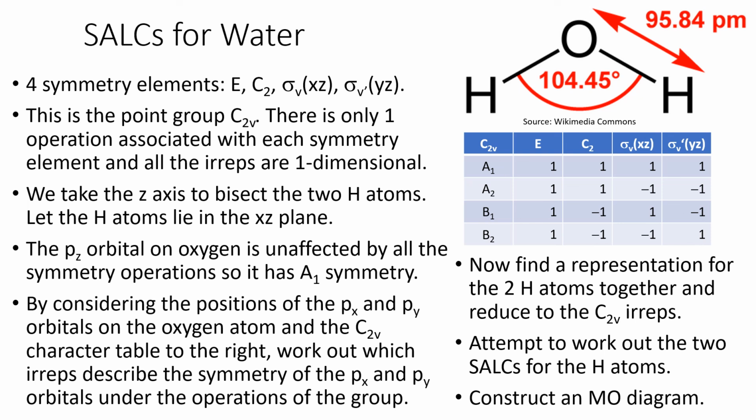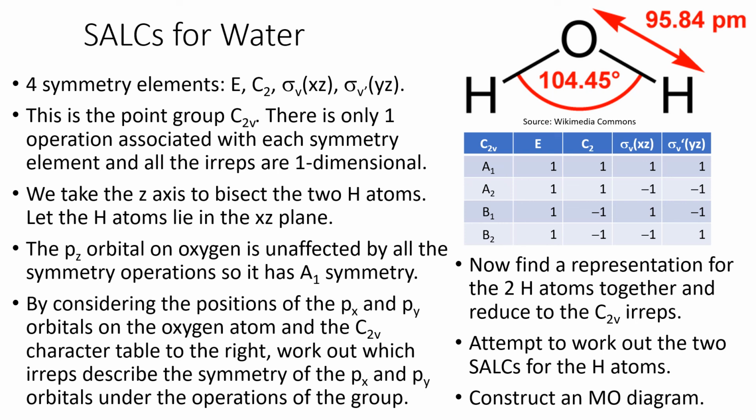So that 2pz orbital must have the A1 irrep symmetry, that's to say the fully symmetric irrep. And then what we can do is look at the other orbitals on the oxygen atom. We've got the px and the py orbitals, and we can work out what they correspond to.